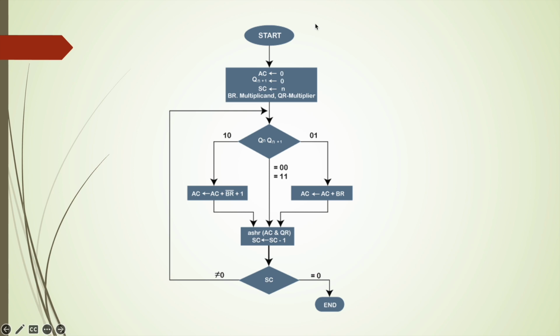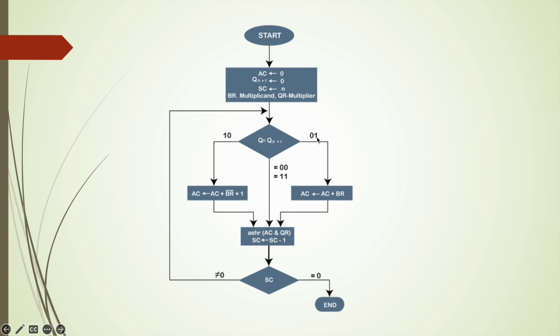So here is the algorithm. We start initially, we use all zeros for AC, and Qn plus 1 is 0, and SC represents number of bits of a multiplier. BR contains multiplicand, QR contains multiplier. So our multiplication algorithm starts by checking the value of Qn and Qn plus 1.